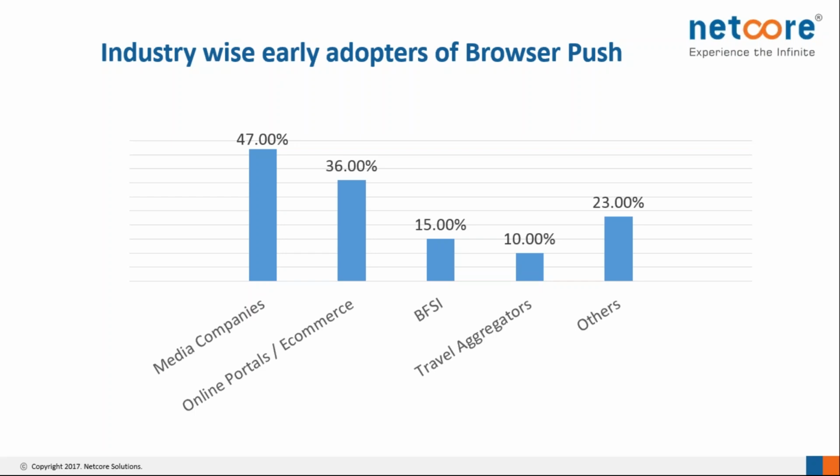Ours is a B2C business, so we try to promote these through browser push notification. We also promote content from our website, which is a very comprehensive, device-responsive, beautifully designed website, through various browser push notifications.